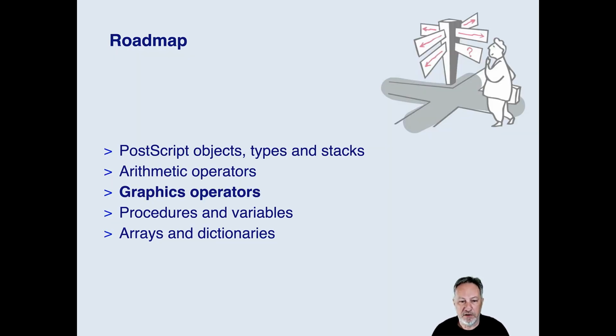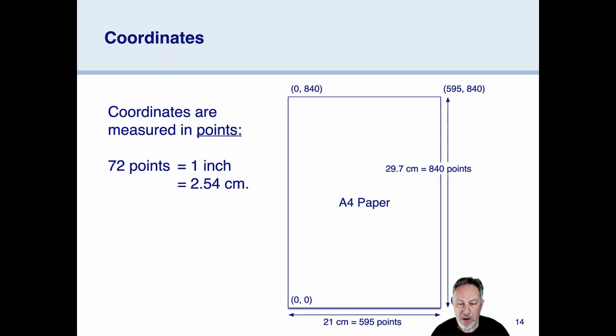Okay, now let's start having a look at the graphical operators. PostScript assumes that we have a drawing space which represents a piece of paper, for example, a piece of A4 paper. One thing that's useful to know is that in typesetting, coordinates are measured not in inches or centimeters, but in so-called points.